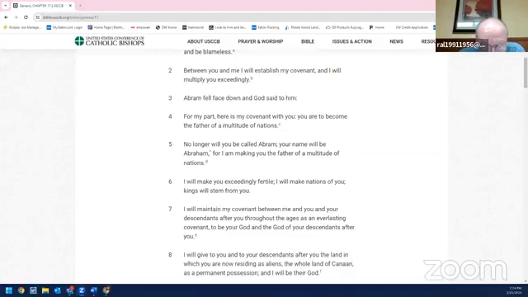So this is the passage, Genesis 17:3-7. Abram fell face down, and God said to him, "For my part, here is my covenant with you. You are to become the father of a multitude of nations. No longer will you be called Abram. Your name will be called Abraham, for I am making you the father of a multitude of nations.